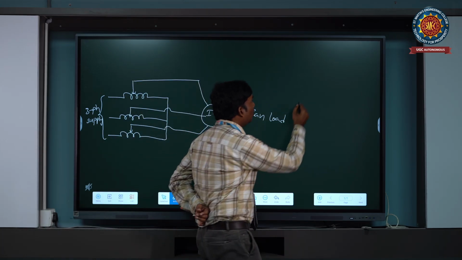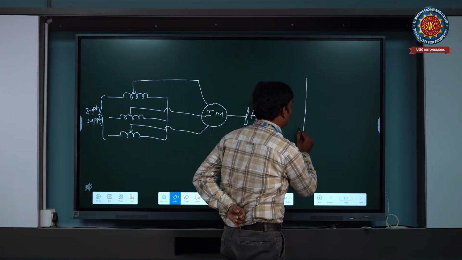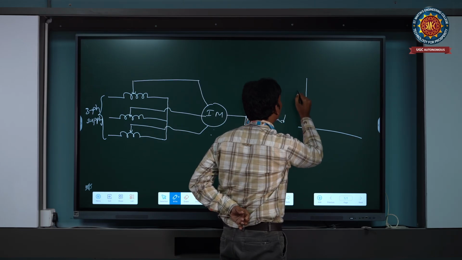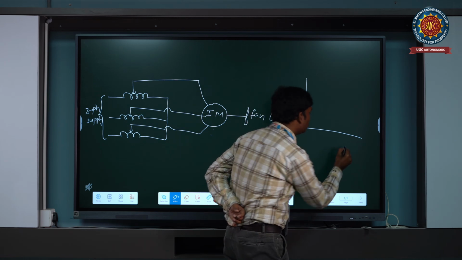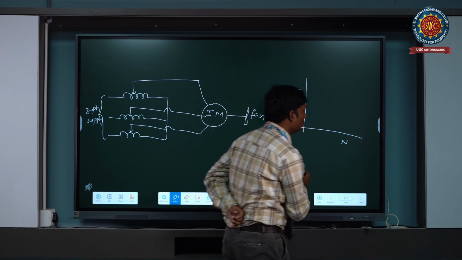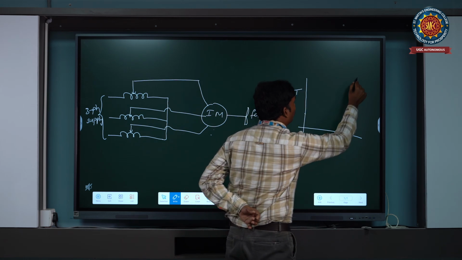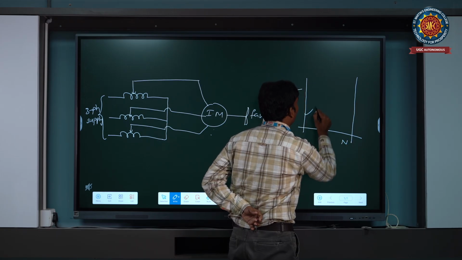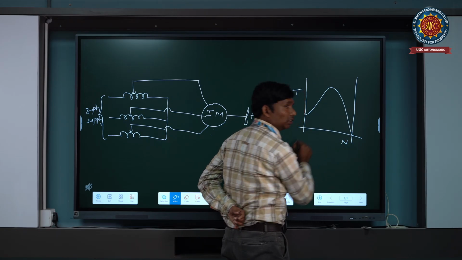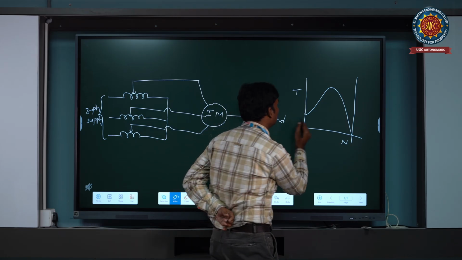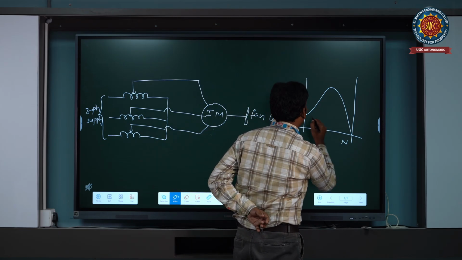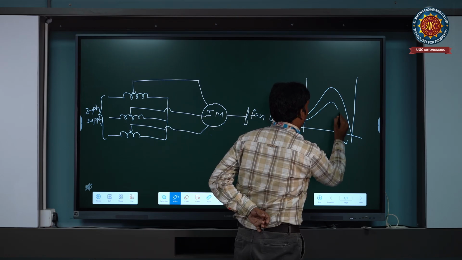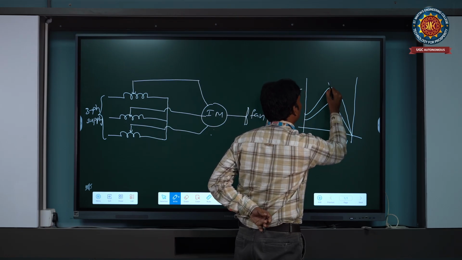If you draw the graph between torque versus speed, you will get it like this. This is at V volts.